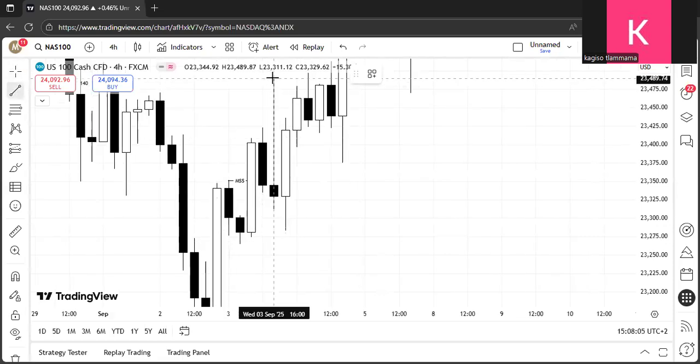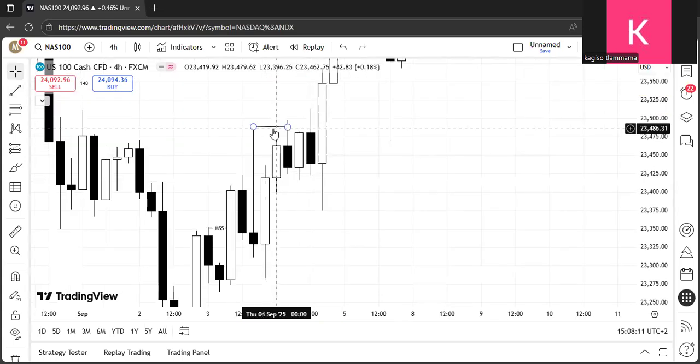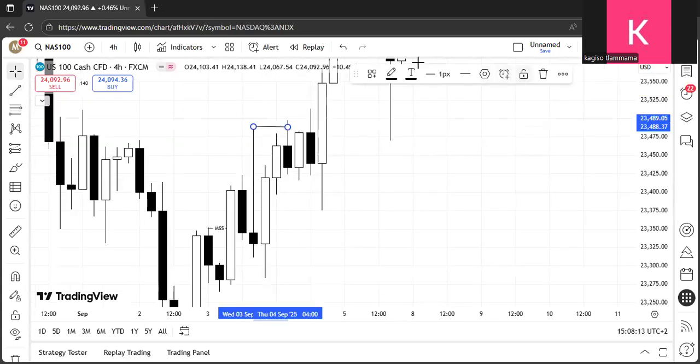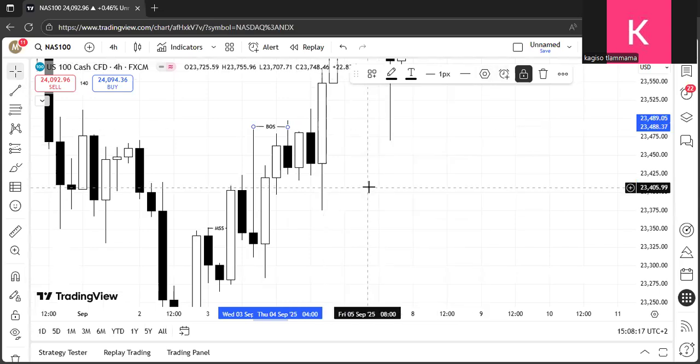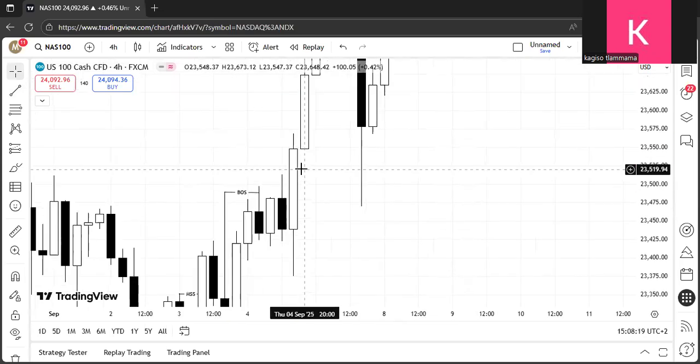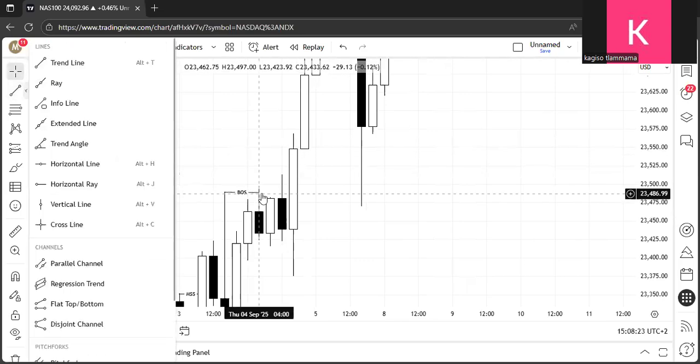And then here we mark our break of structure. So this is our break of structure. And then we keep it going, keep it going, keep it going.